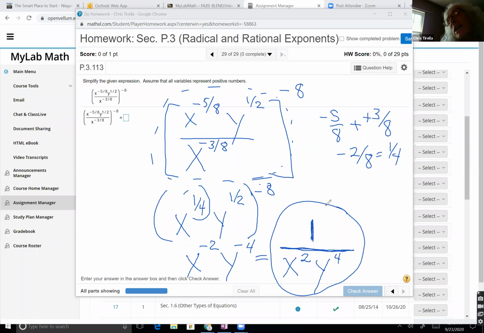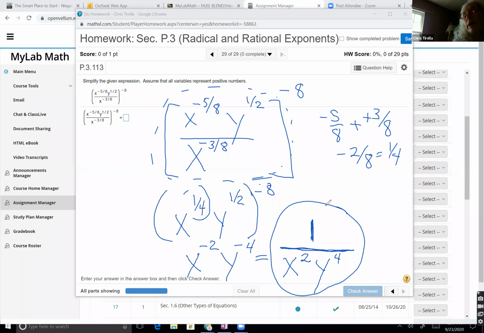Even if those exponents are fractions or negatives or anything like that, it's the same as any other exponent. If I multiply with a common base, I add the exponents. If I divide with a common base, I subtract the exponents. If I raise something to a power, I multiply the exponents. Rule of thumb, we don't like to leave exponents negative.